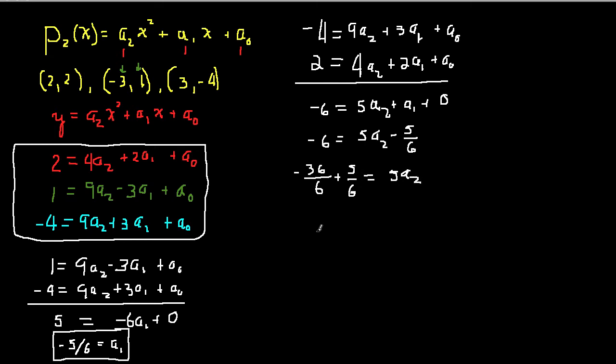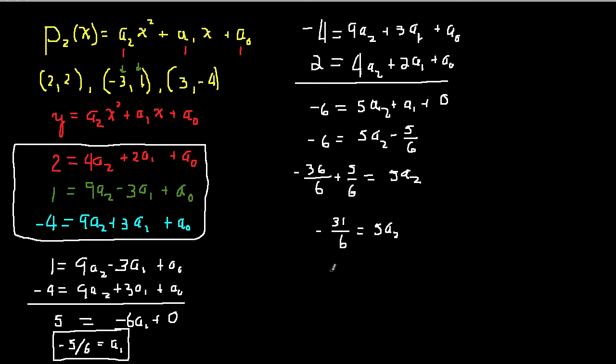So I add this up together, and put them over a common denominator. Negative 36 plus 5 is negative 31 over 6, and that's equal to 5a2.